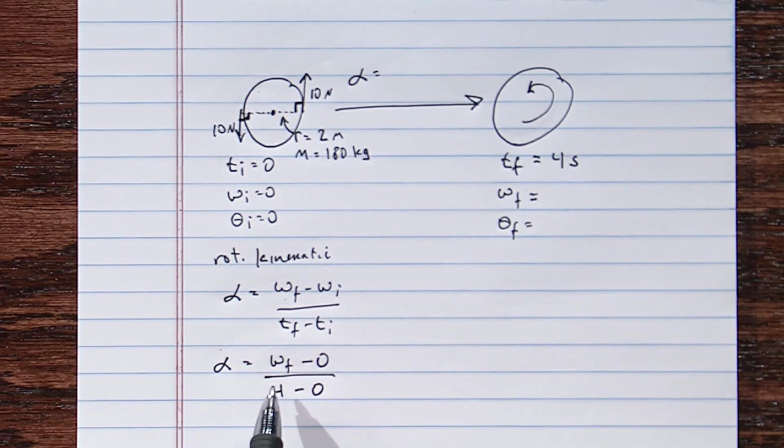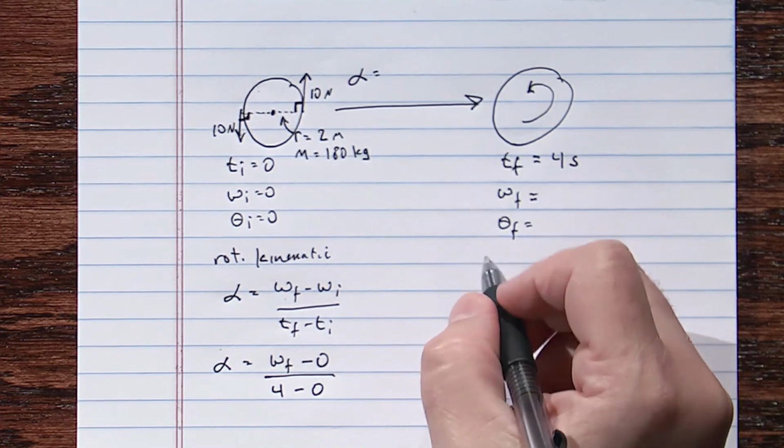So we're once again in the situation where we have one equation with two unknowns in it, omega final and angular acceleration, but for angular acceleration we can always at least try to use our Newton's second law for rotation.